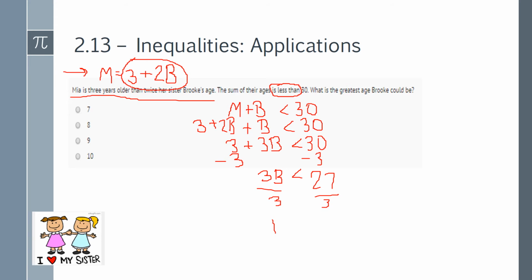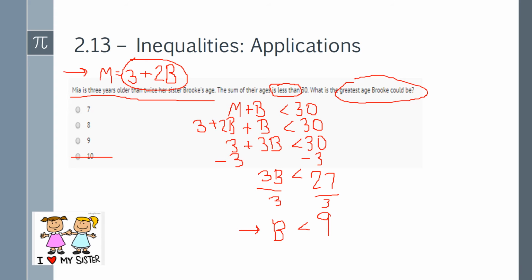All right, and then I want to get rid of that 3, divide both sides by 3. I've got b is less than 9. So Brooke is less than 9. It's asking me what's the greatest age she could be. Looking at my options, less than 9, so 10's definitely out. Is 9 an option? No, it's not.